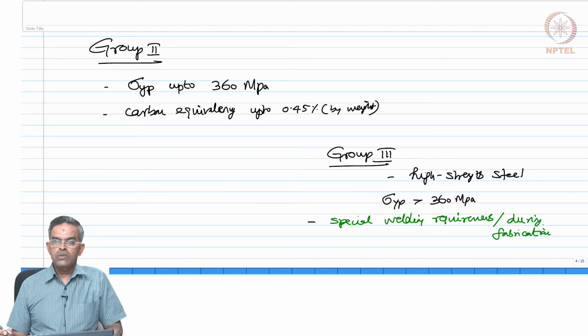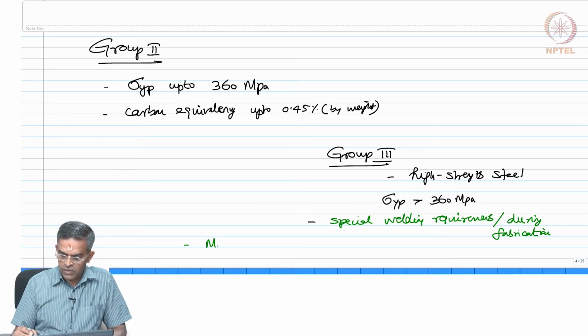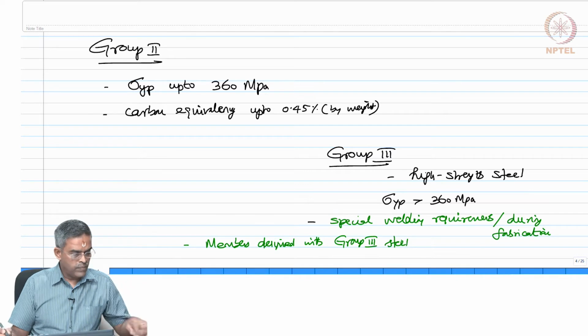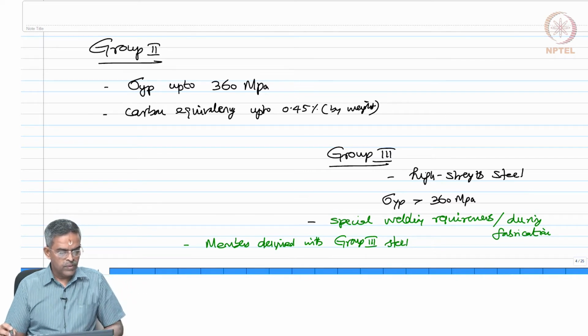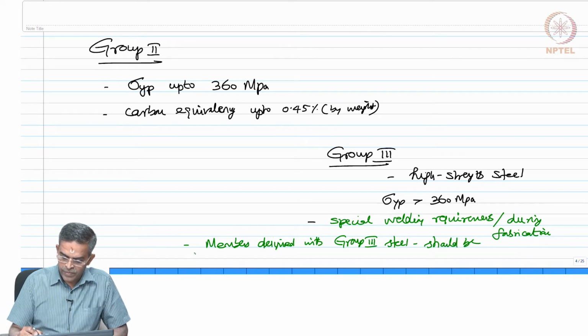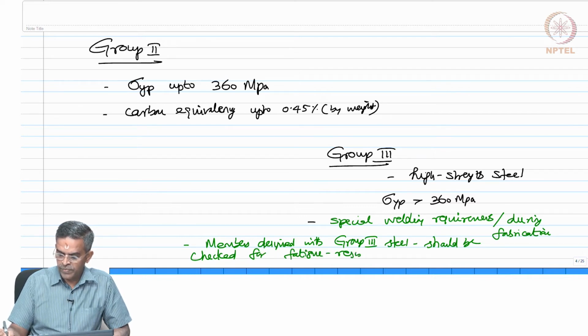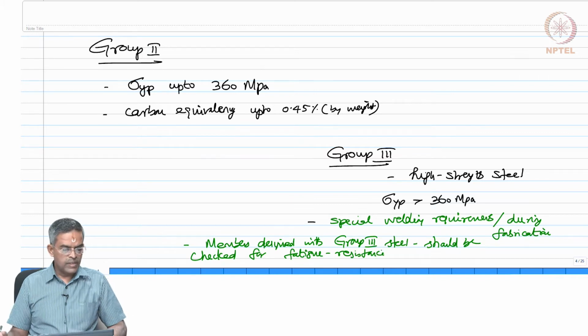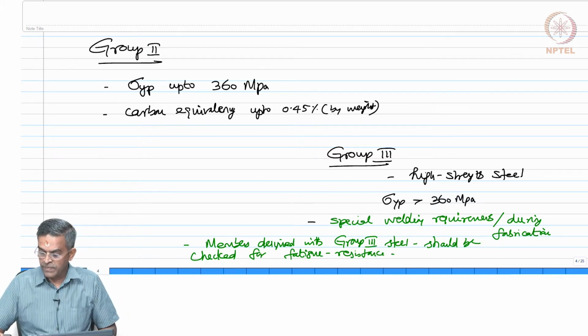We should also make a note that members designed with group 3 should be investigated for fatigue resistance. That is a condition as a routine design check.